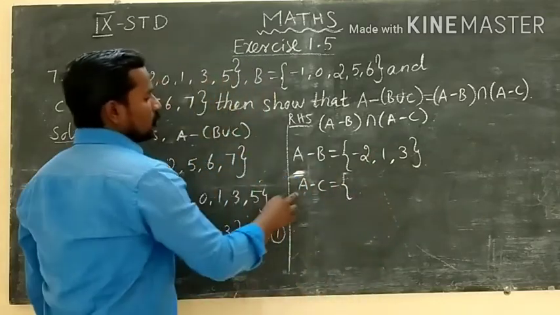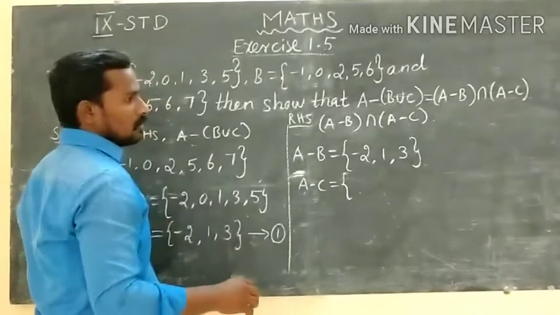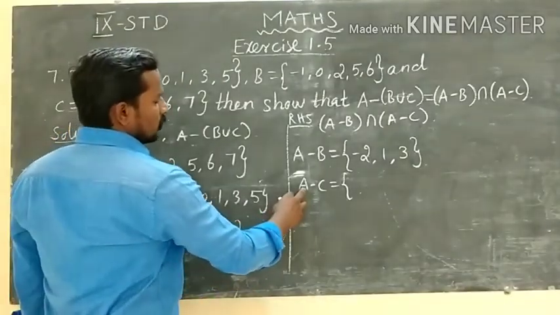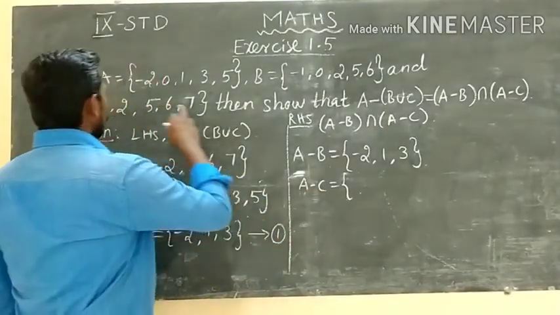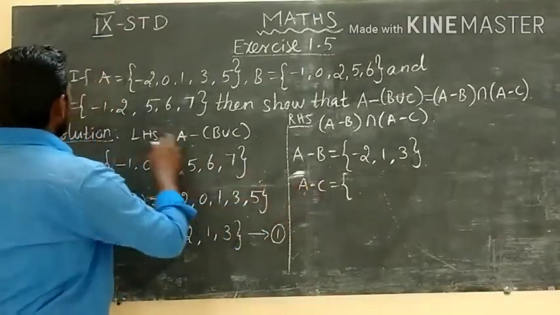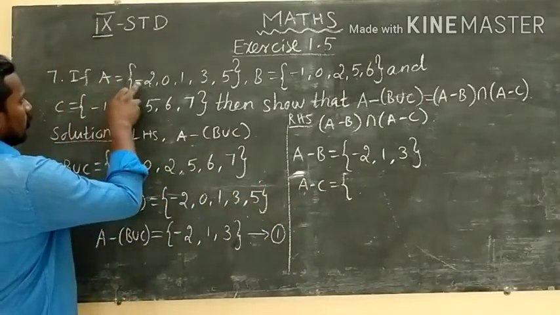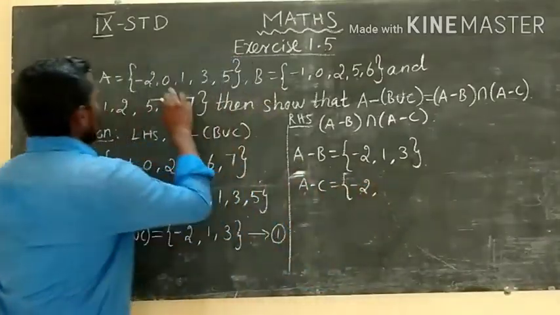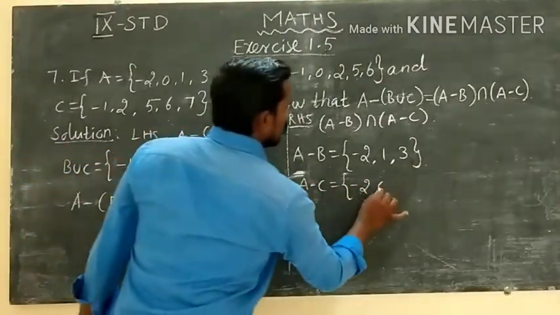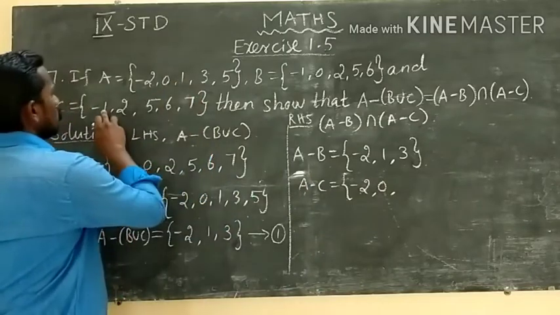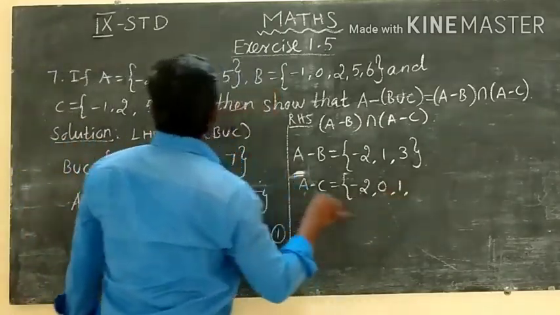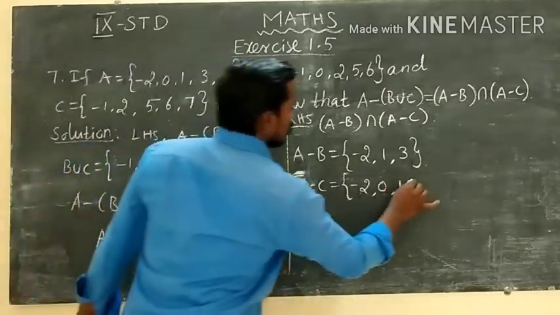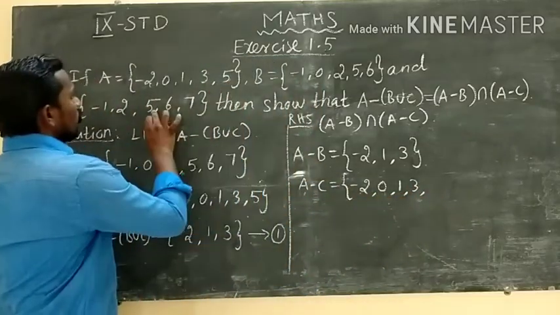Following the same manner, we find A − C. It's already well known; many questions like this are solved in class. A − C means removing C from A. Here -2 does not appear in C; 0 also remains; 1 is not there, and 3 as well; 5 is omitted.